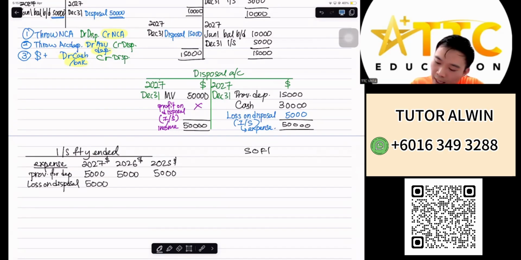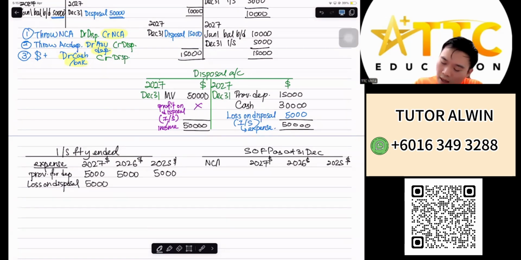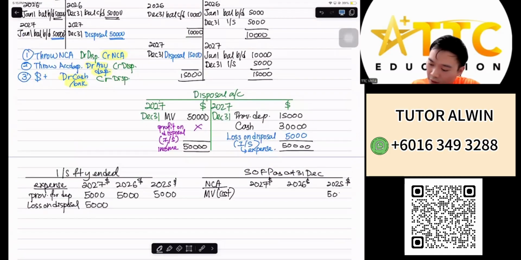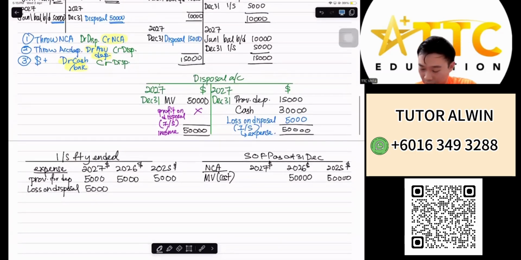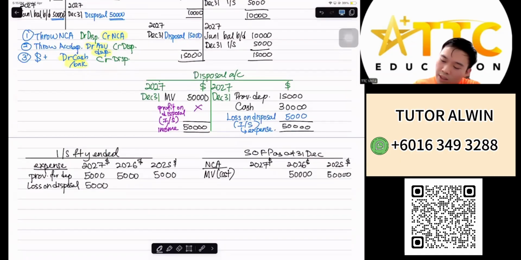As for SOFP, as at 31st December, of all these years, 2025, 2026, 2027, the dollar sign. NCA, our motor vehicle at cost, 2025 will have, how much again? Okay, 50,000. Okay, 2026, 50,000. And 2027, you have nothing because you sold it off.